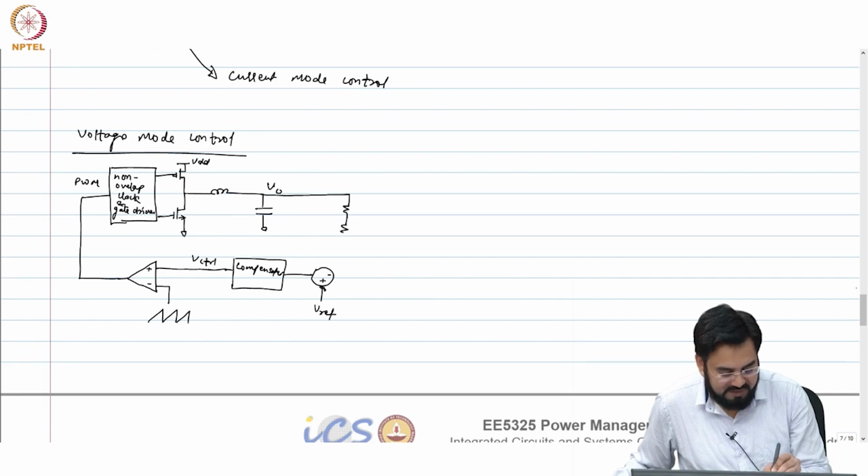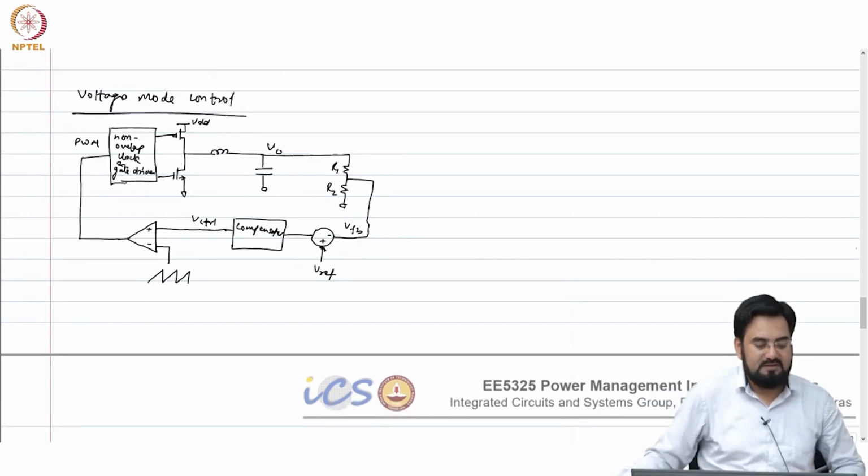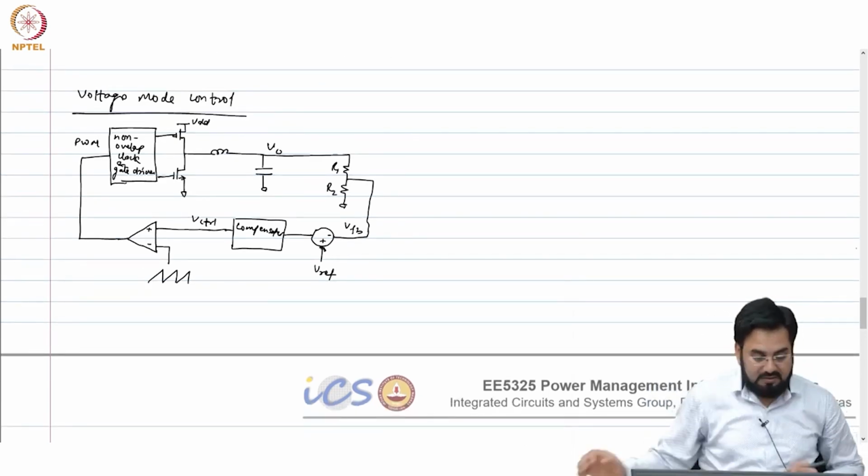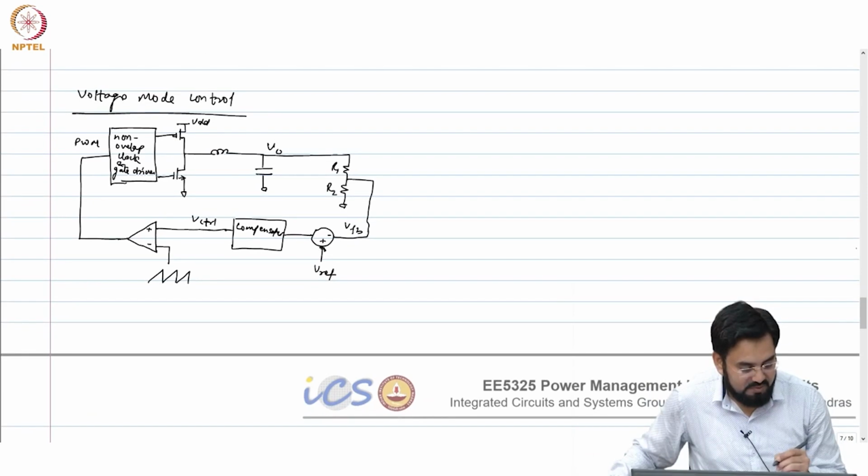So let's say I have a feedback resistor, just like we had in the case of LDO. This is your VFB. Okay. So this is your voltage mode control.